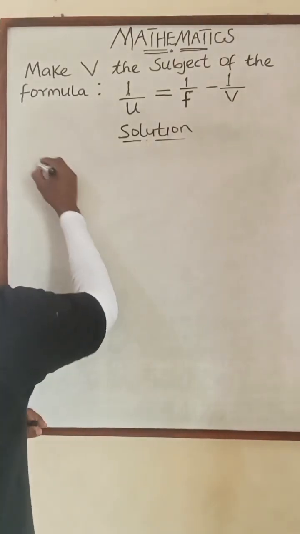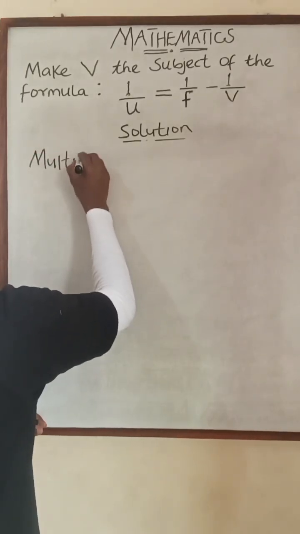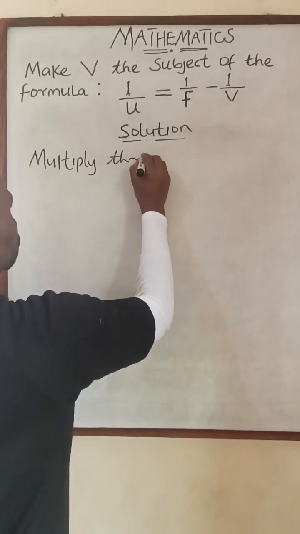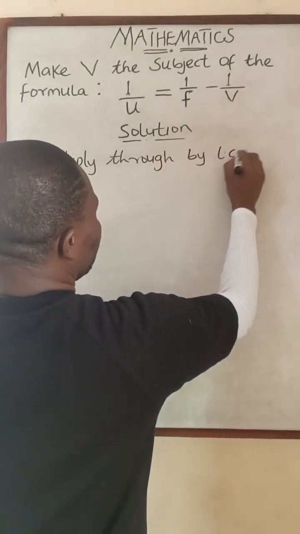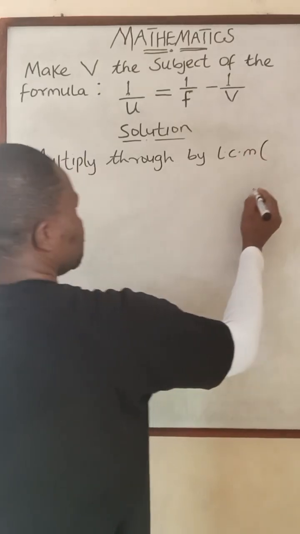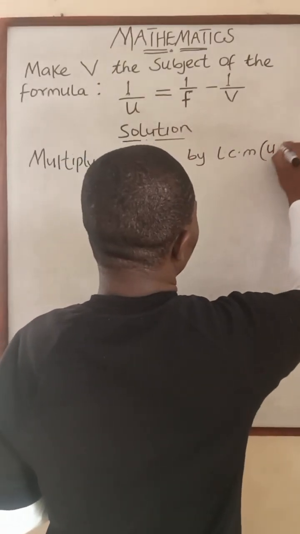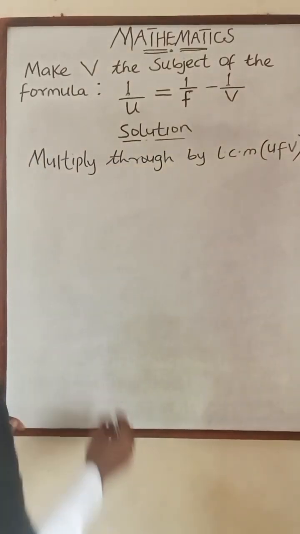So we have to multiply through by LCM. That's the least common multiple. So that is UFV.